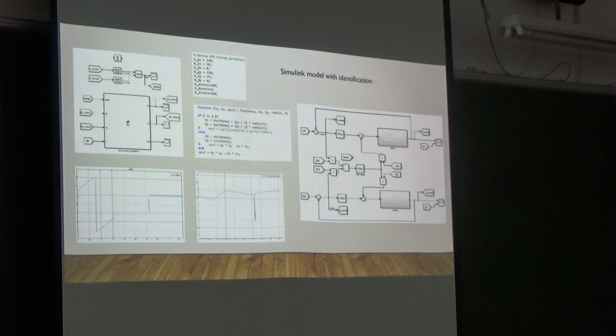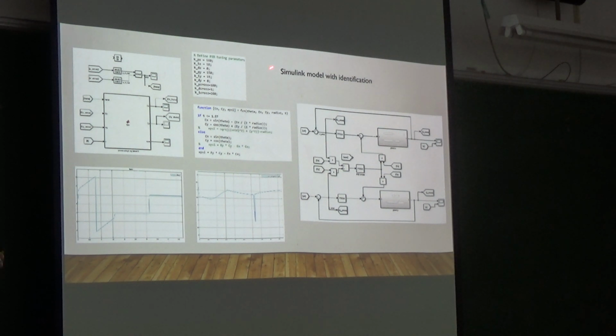So first we tried to do the identification because we have a transfer function, but during the class we used cross-coupling on a system where we had the controller on one part and the plant on the other part.